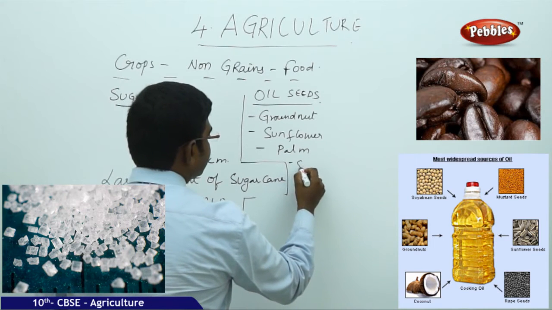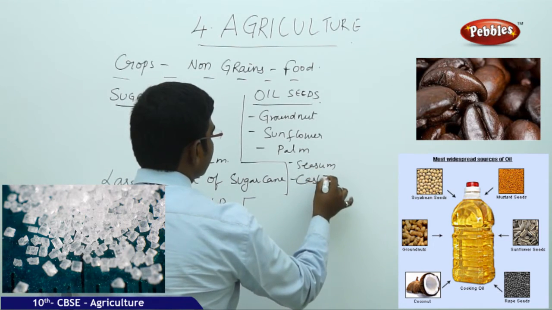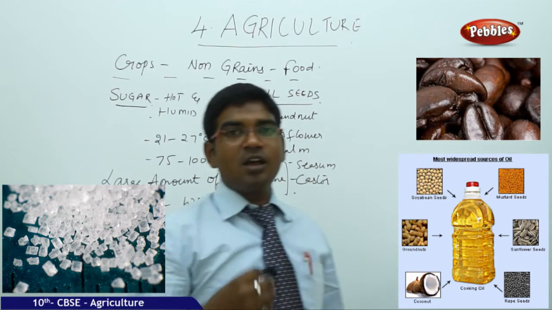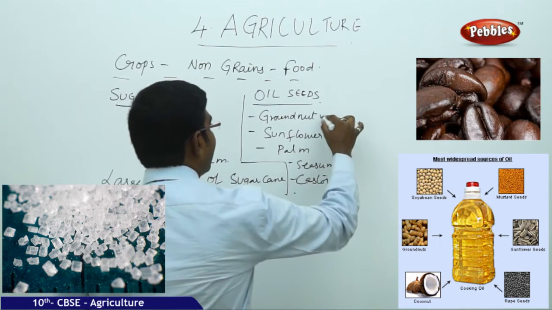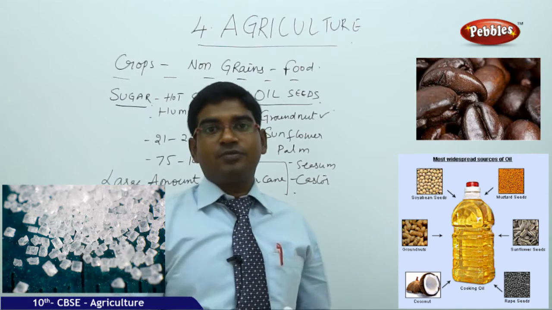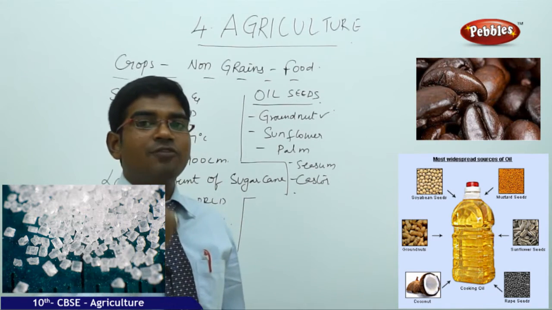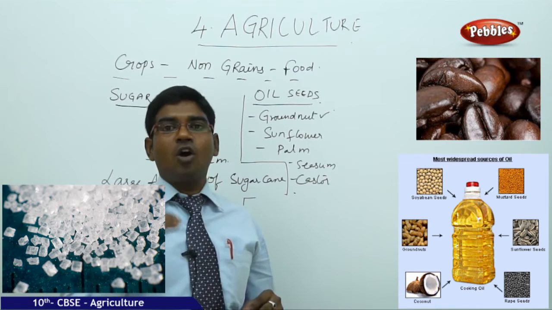We also have sesame, castor. All these different types of seeds are produced in India on a very large scale, because groundnut production is very high in India. Groundnut is the most preferred oil for cooking in India. The main cooking is done only with oils in India.